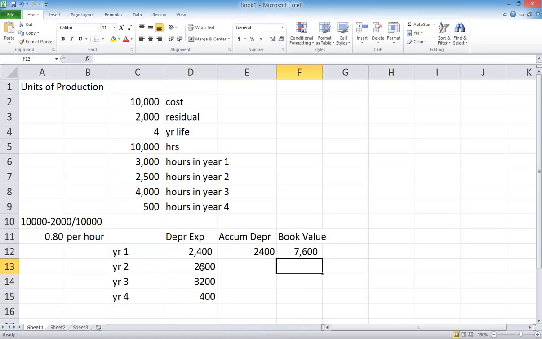Year two, I have accumulated depreciation of the 2,400 plus the 2,000. My book value, I can do it one or two ways. I can take my 7,600 here and subtract my additional 2,000, or I can go back and do my 10,000 minus my 4,400, my accumulated depreciation.